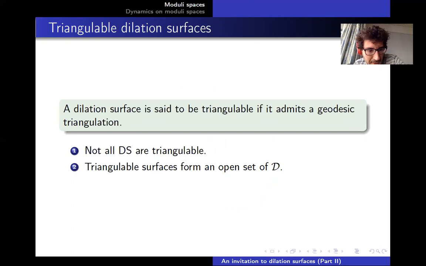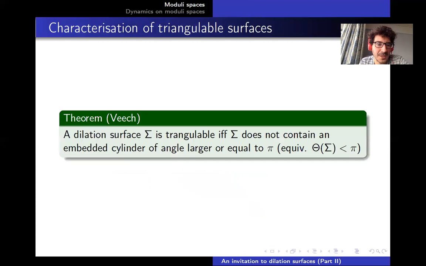And Veech showed this quite remarkable result that I'm going to tell you in a second. Maybe the thing my slide indicates that I should say at this point is that those triangulable surfaces survive small deformations, so they form an open set of the space of dilation surfaces, and that'll be an important point in the sequel. But yes, the important theorem of Veech is that a dilation surface is triangulable if and only if it does not contain a large embedded cylinder. By large, we mean angle larger than or equal to pi.